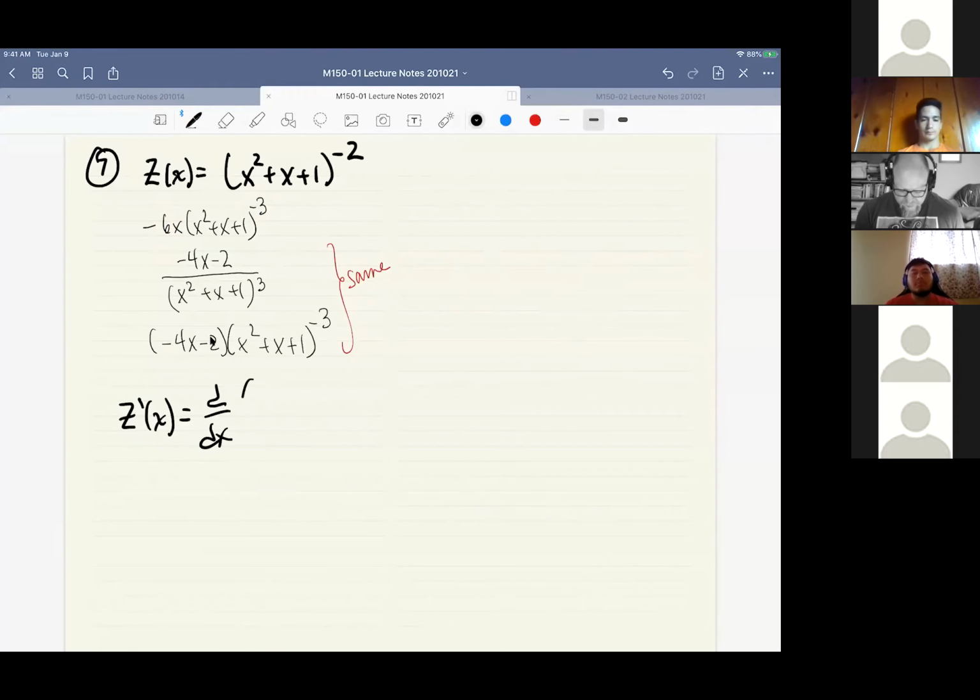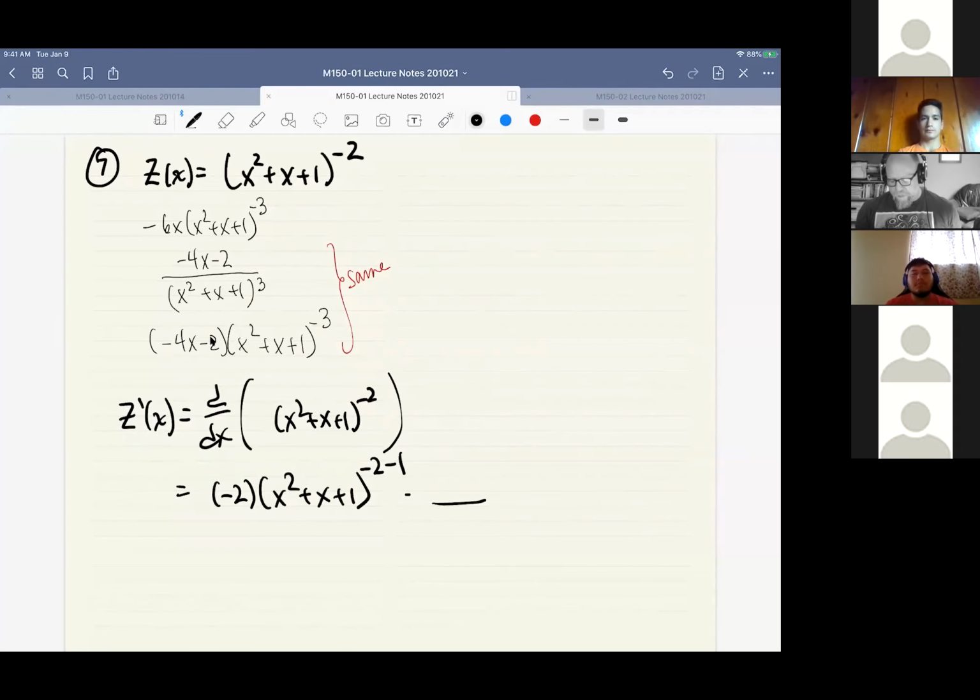If I'm going to take the derivative of this thing, I'm going to use the chain rule, starting with the power rule. I'm not going to be intimidated, and I'm not going to overthink it. I'm just going to use the power rule the way I'm used to using it. Take that exponent down, and the new exponent is 1 less.